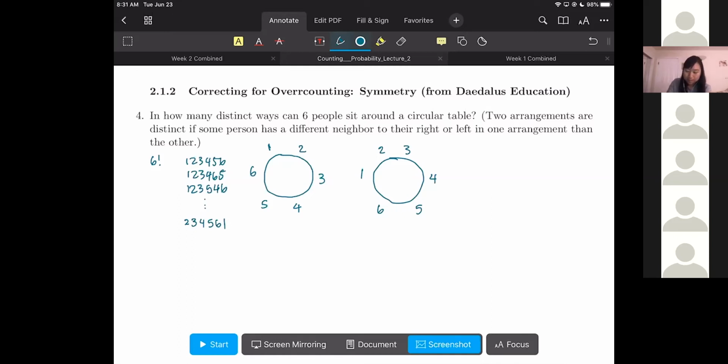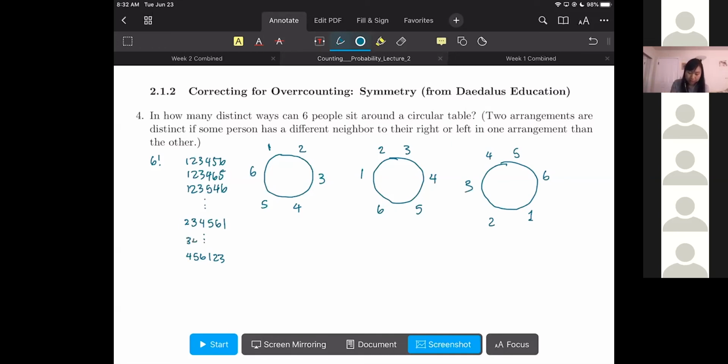Can anyone name another permutation that would overcount the same arrangement? Yeah, 4, 5, 6, 1, 2, 3. That would also give us the same arrangement as well. And in fact, we have 6 different ones.